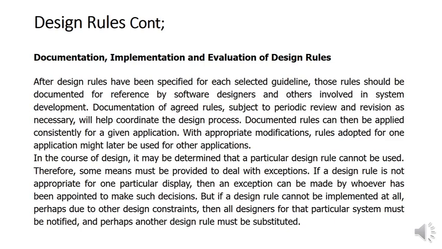And where such a rule cannot be applied, room for exception should be applied, and all other designers or developers involved in the development of that system should be notified. That is simply why all those design guidelines that eventually become rules need to be documented for reference purposes when implementation takes place.